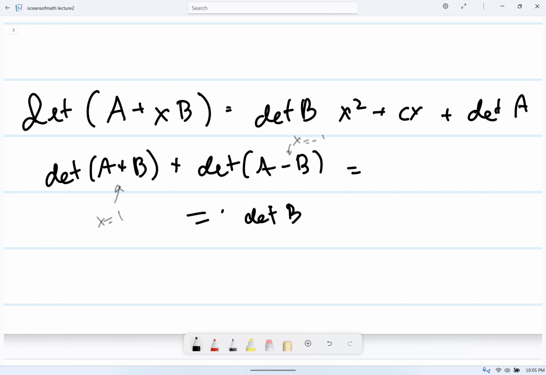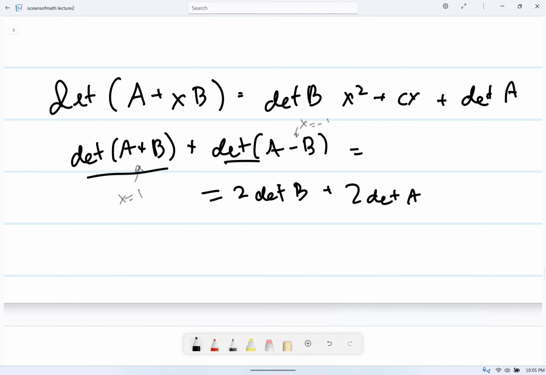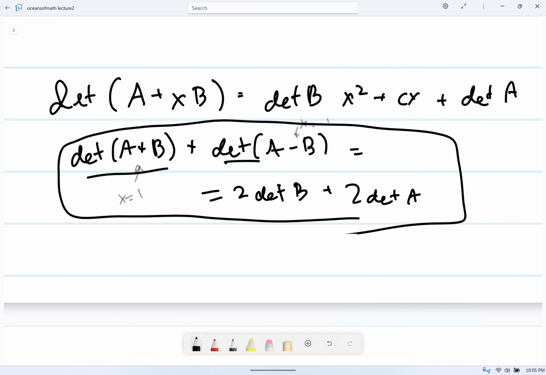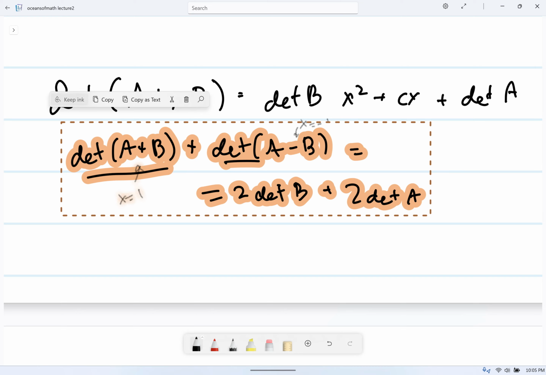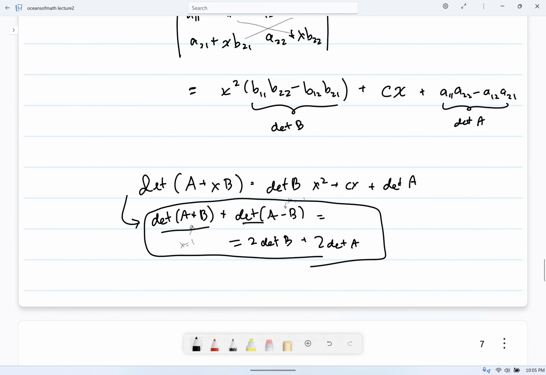Okay, so I'm going to get 2 times the determinant of B when I add these together. Now the Cx terms, I'm going to have a positive Cx from determinant of A plus B, and a negative Cx from determinant of A minus B. And so those terms will cancel. And then I'm just left with 2 determinant of A. The constant terms will also add together. Okay, and this is precisely the relationship that we were trying to show. So that does the first problem.